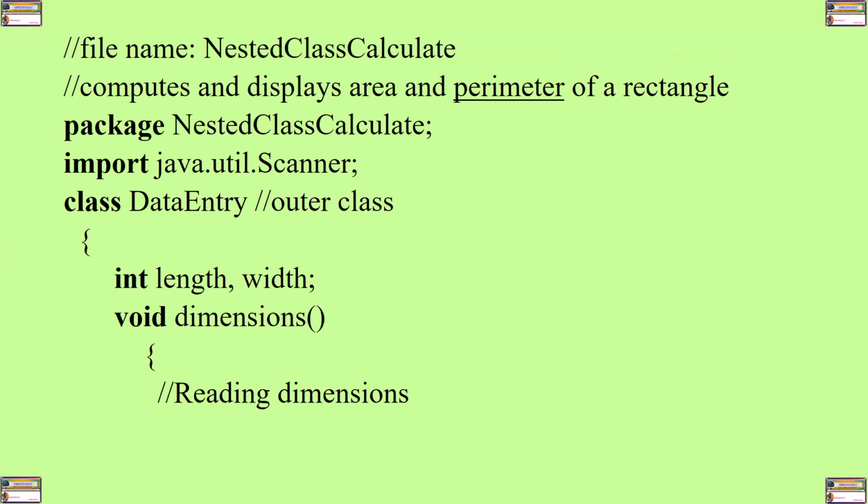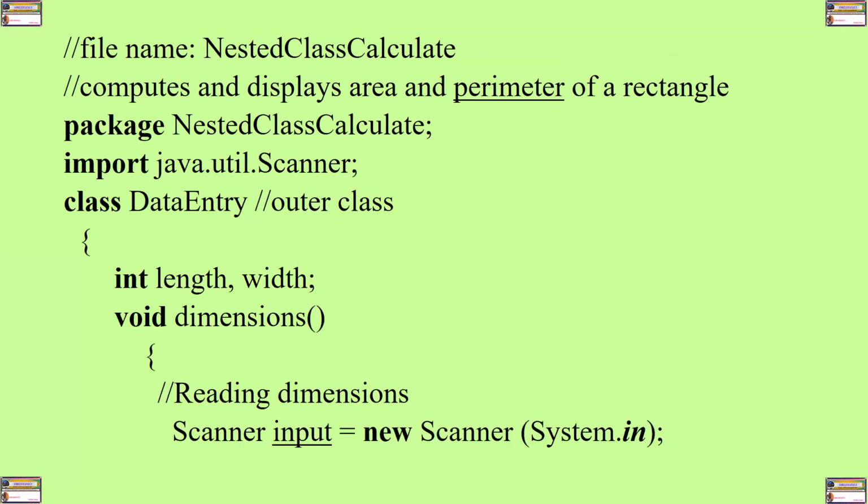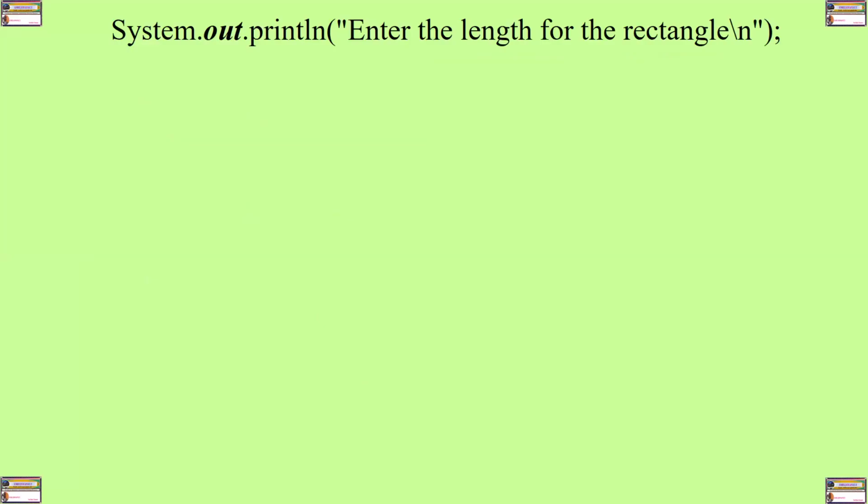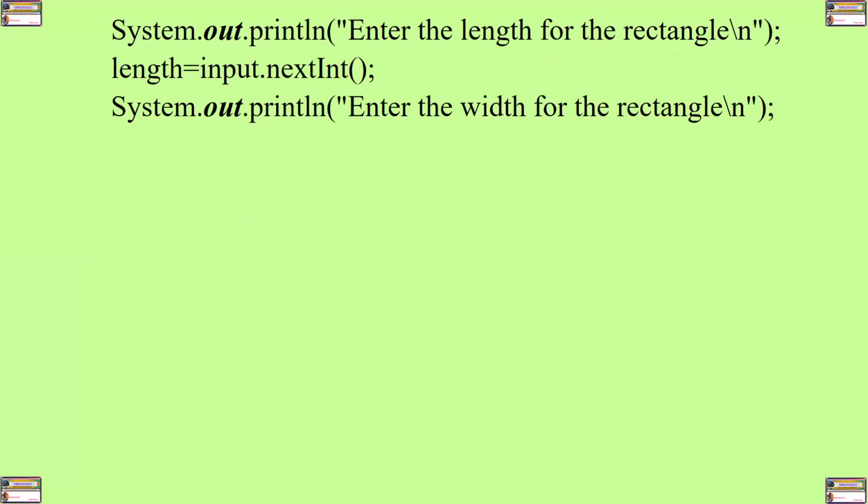Now this member, which is a method, will read the dimensions using the object we have declared for reading by the name input. We request the user to enter the length of the rectangle, and assign that value to the member called length.